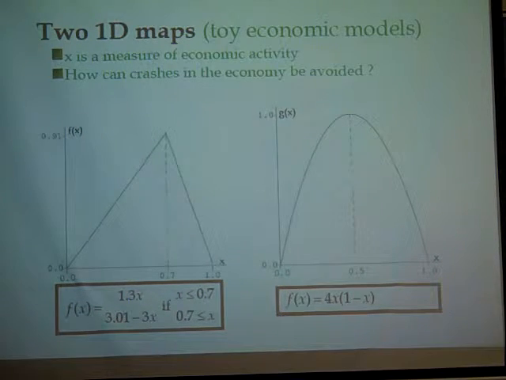To give it some context, let's say that these are some economic models. X is some measure of economic activity, and my Q would be this interval. Let's say that if X goes below 0.5, it's a crash in the economy.